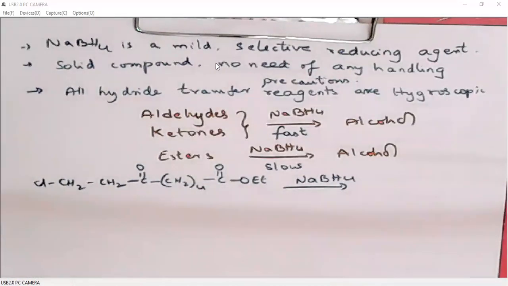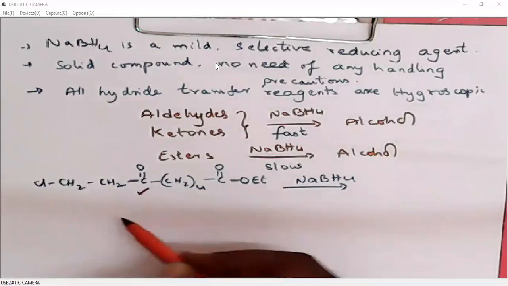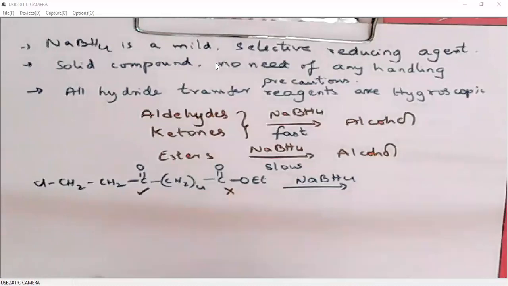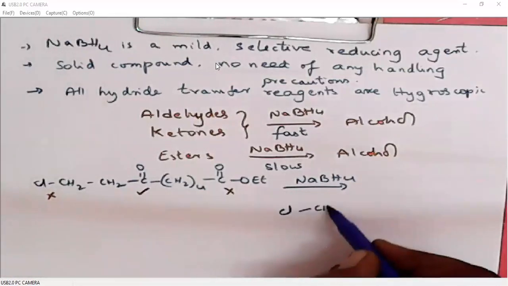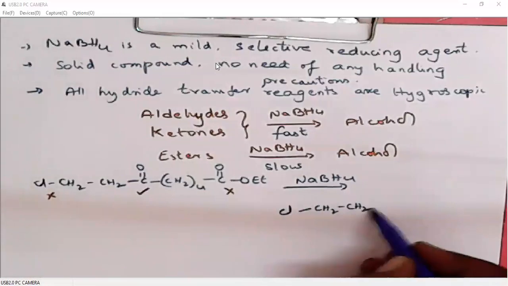When we reduce this molecule with sodium borohydride, we can only reduce the ketone. We cannot reduce the ester, or the alkyl halide. So alkyl halides also will not undergo any reduction with sodium borohydride. So the only reducible functional groups are aldehyde and ketone.